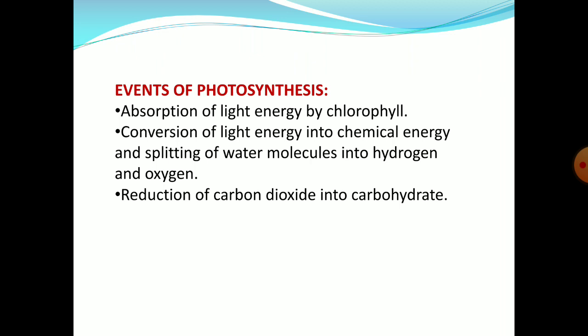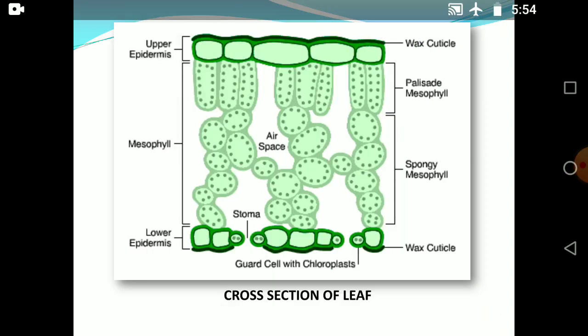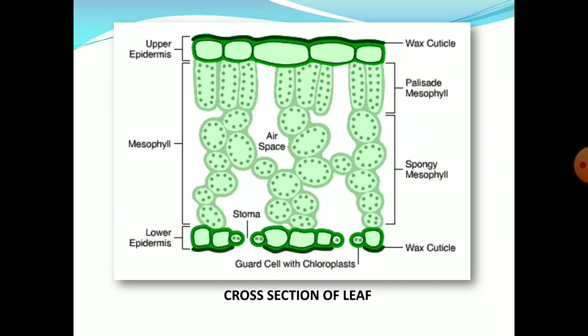And last step is reduction of carbon dioxide into carbohydrate, that is C6H12O6. In detail you will know in class 11th. The given figure shows photosynthesis. It is the cross section of leaf showing stoma through which water and carbon dioxide enters to perform the process of photosynthesis.